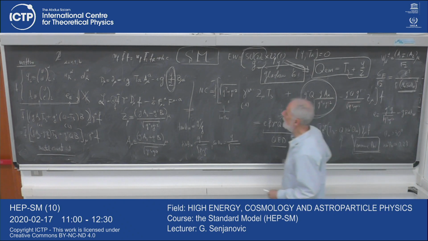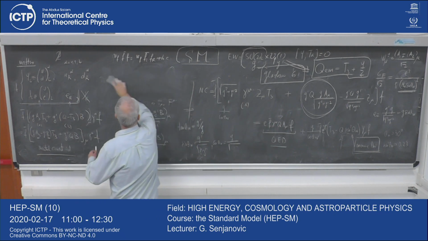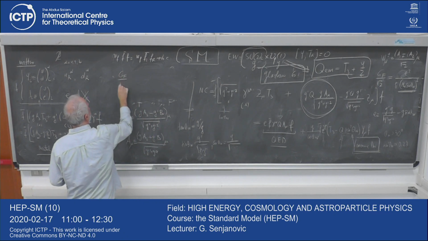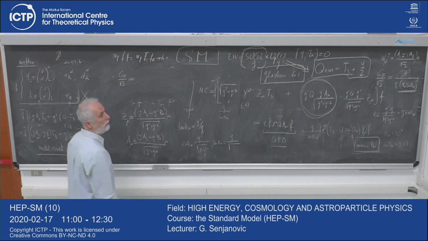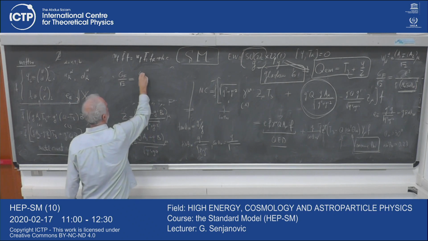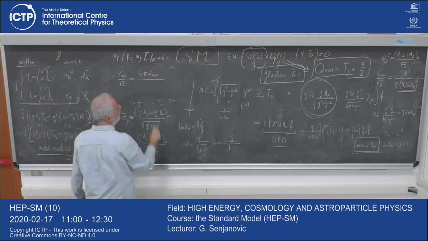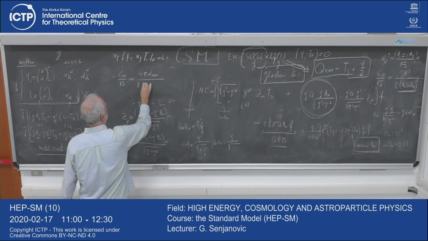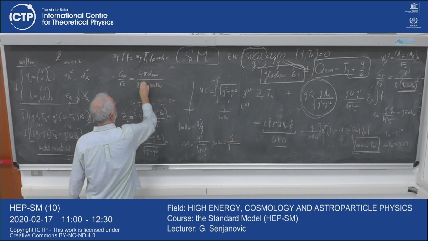So this is my fundamental relation. Let's write it here. G Fermi over square root of 2 is, what is it? E squared is 4 pi alpha over, I have 8 there, right? 8 m_W squared sine squared theta W.